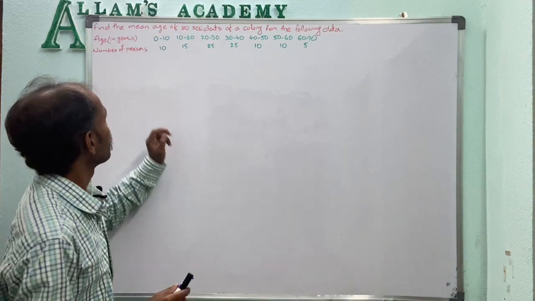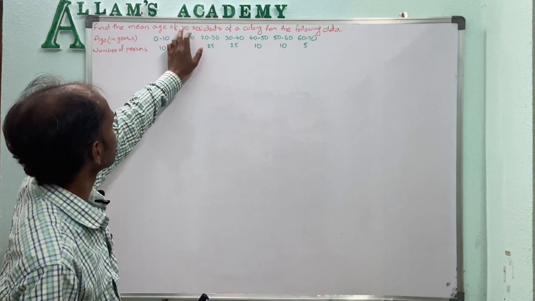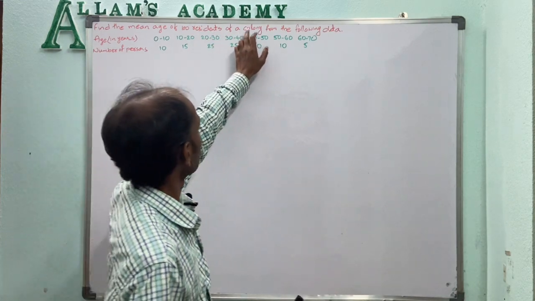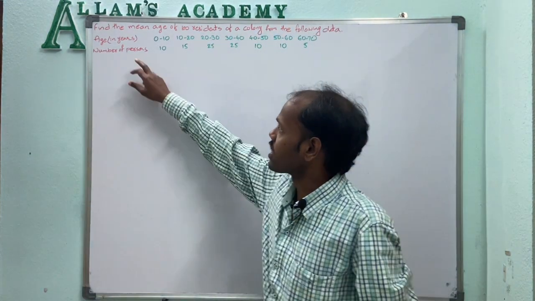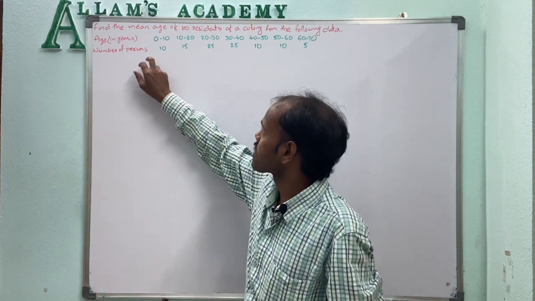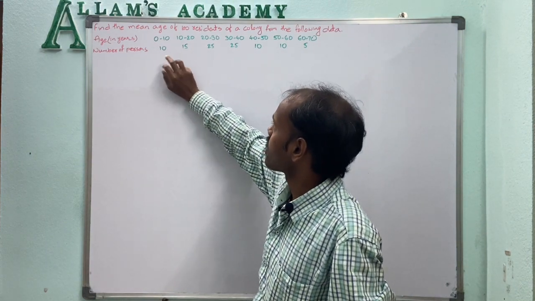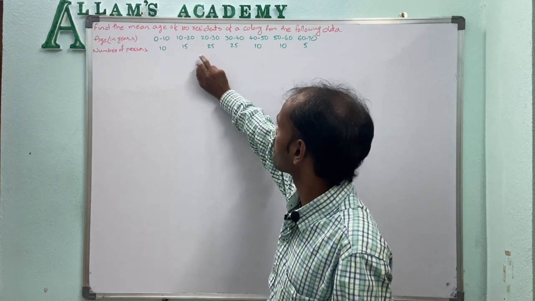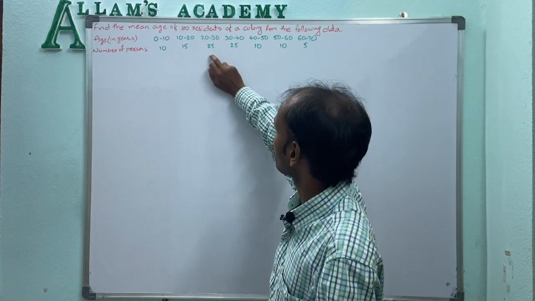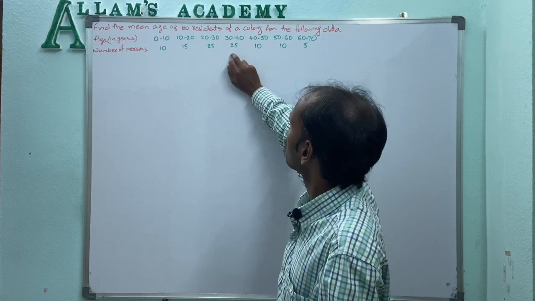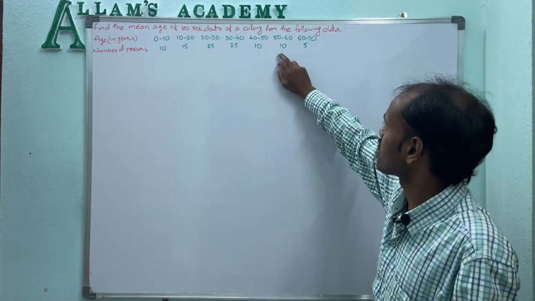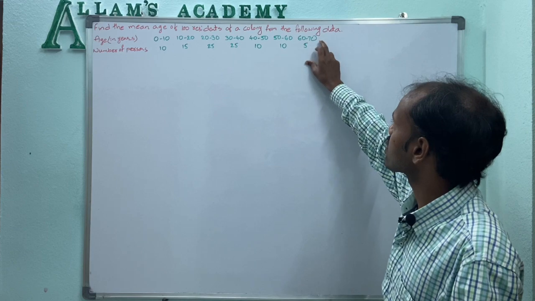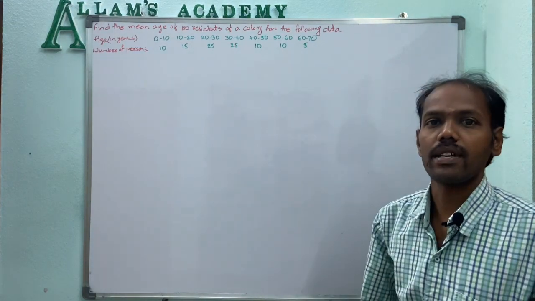Here is a problem: find the mean age of 100 residents of a colony from the following data. Age in years, number of persons: 0 to 10 years, 10 members; 10 to 20 years, 15 members; 20 to 30, 25 members; 30 to 40, 25 members; 40 to 50, 10 members; 50 to 60, 10 members; 60 to 70 years, 5 members.